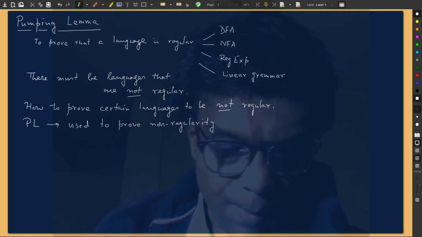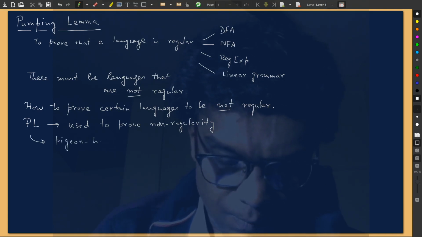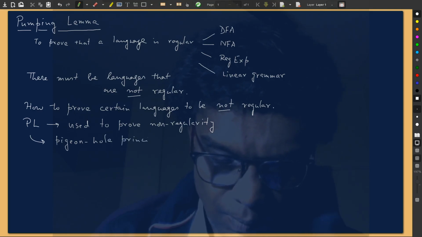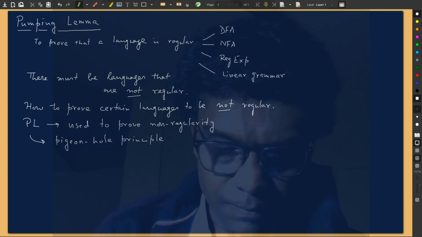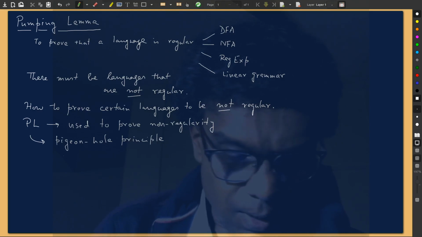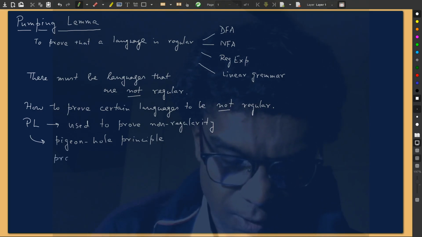Anyway, so the pumping lemma essentially is based upon the pigeonhole principle. Its proof, to be more precise. And it essentially leads to a proof by contradiction.